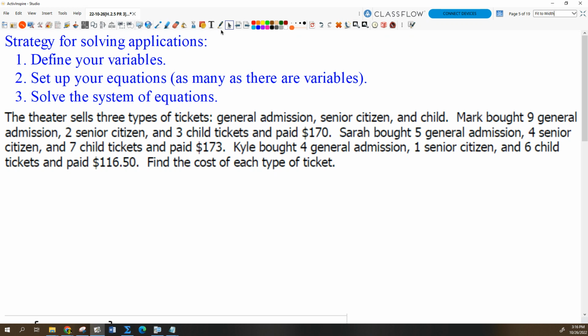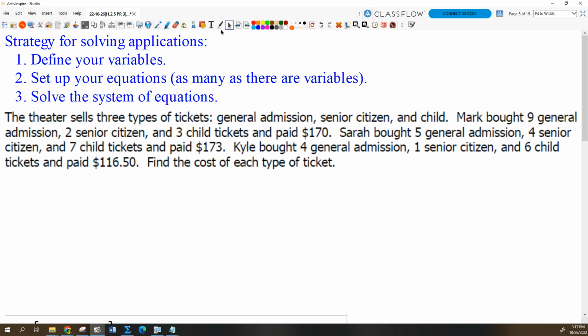So then what are the variables going to represent here? Is it the number of tickets or the price of tickets? What's it going to be? It's not a hard question. I'm not trying to trick you. You look at the last sentence, the question. We're finding the cost, aren't we?